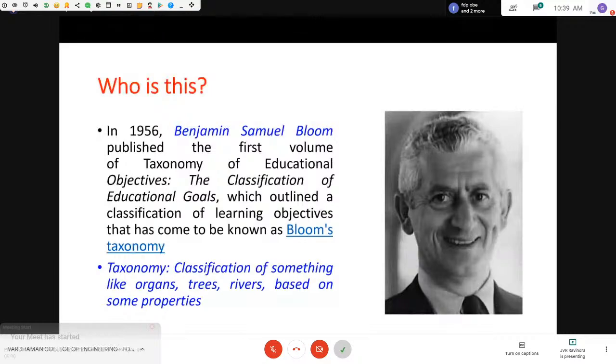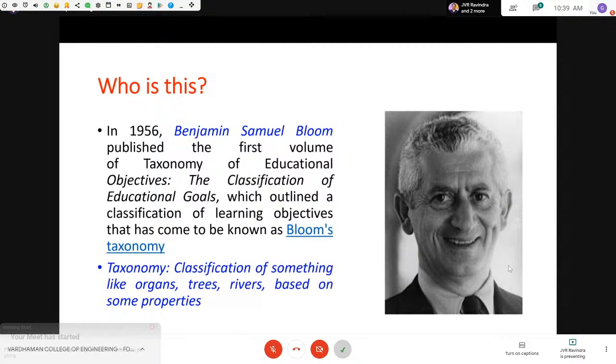For the last 3 or 4 days, we have been talking about Bloom's taxonomy, and there are 6 levels: remember, understand, analyze, apply, evaluate, create. In 1956, Benjamin Samuel Bloom published the first volume of the taxonomy of educational objectives, a classification of educational goals which outlined a classification of learning objectives.